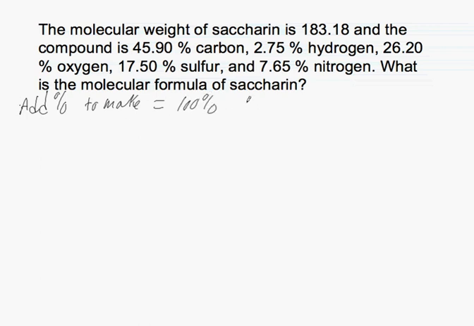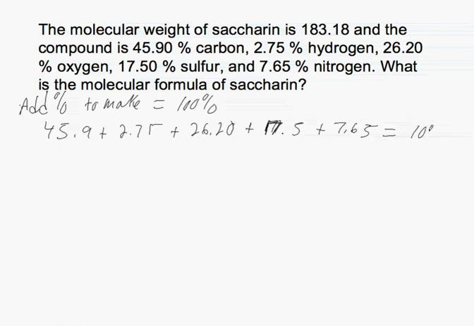So if we have 45.9 plus 2.75 plus 26.2 plus 17.5 plus 7.65, this adds up to 100%.